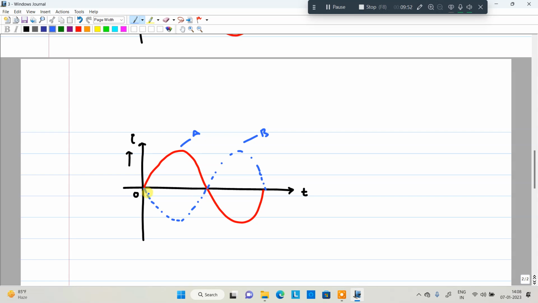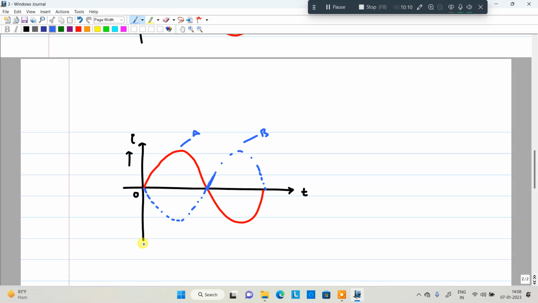Another waveform is started out of phase. It is starting from 0 here. That means what is the phase angle? 180 degrees. That is called out of phase.